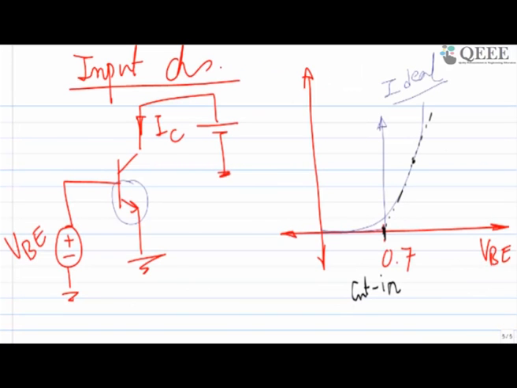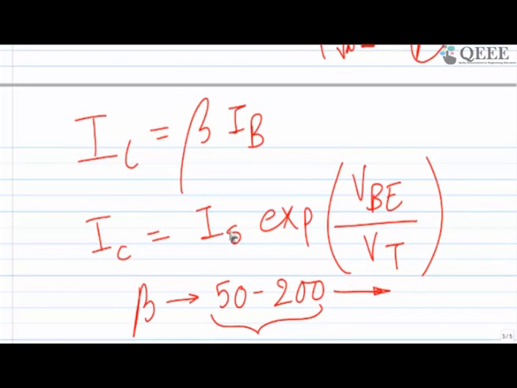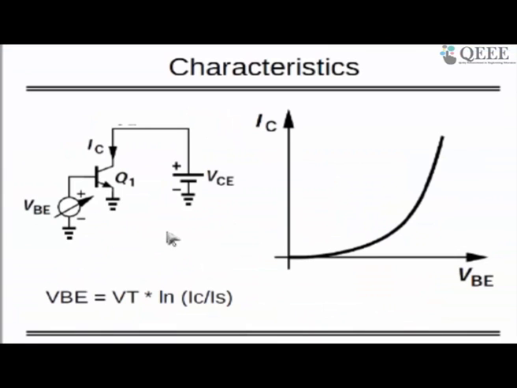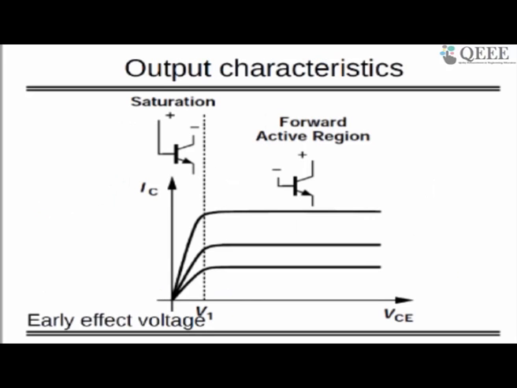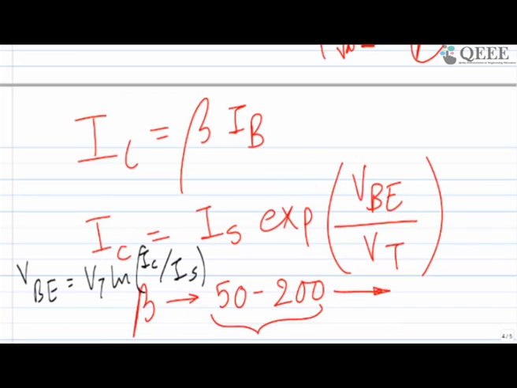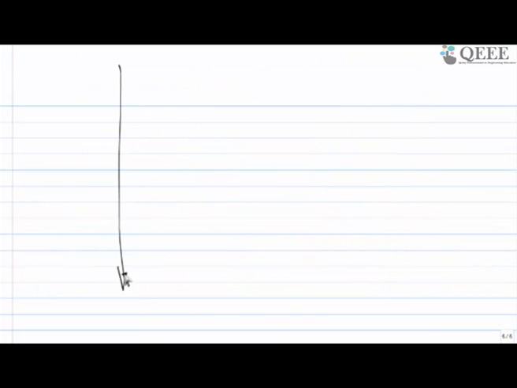We had this equation, and from it you can write VBE is equal to VT ln IC by IS, right? That equation I took from here and kept it here. Now let's move to the next part where I want to make the output characteristic. So the output characteristic is the one where I want to plot versus IC.